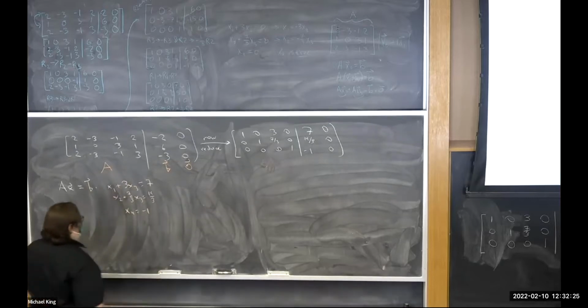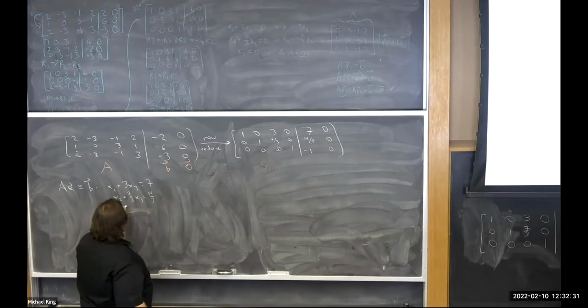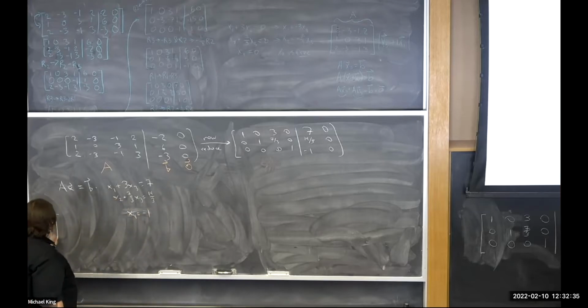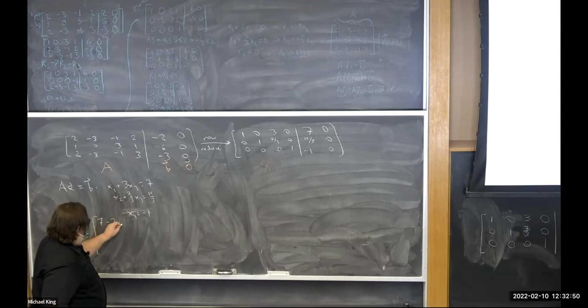And then you can solve. I guess x3 is free, and x4 equals -1. So we're going to start writing things like this. If I solved this and put everything in terms of the free variable, this would be 7 minus 3x3.